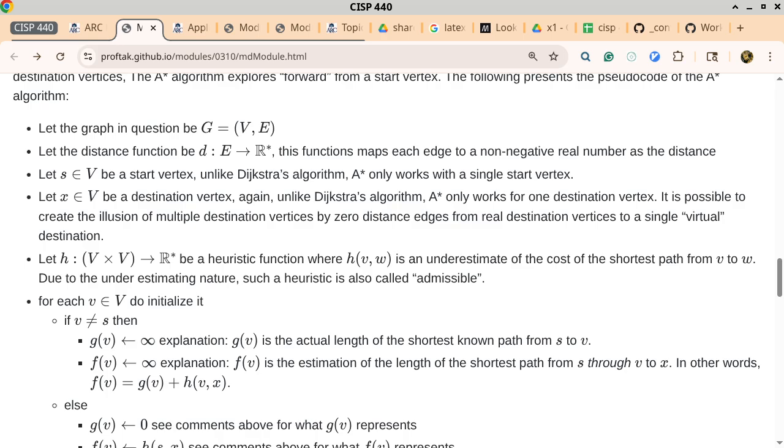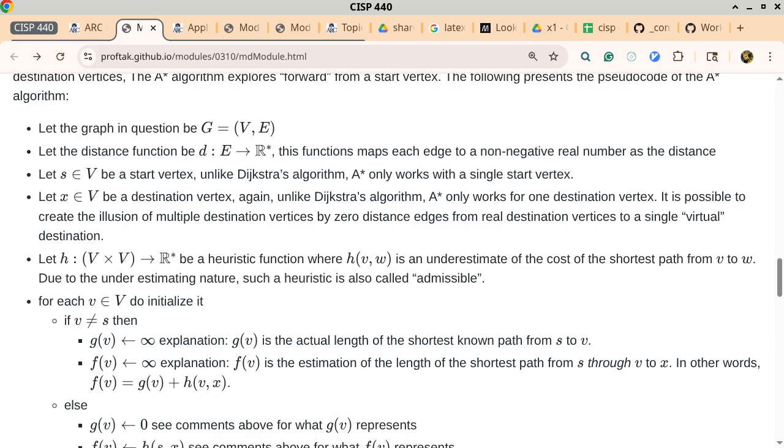In the algorithm, I'm using s as a parameter to indicate the start vertex, and x is the destination vertex. This time we cannot use a set to indicate all the destinations because you only have one single destination. That's a kind of bigger limitation.